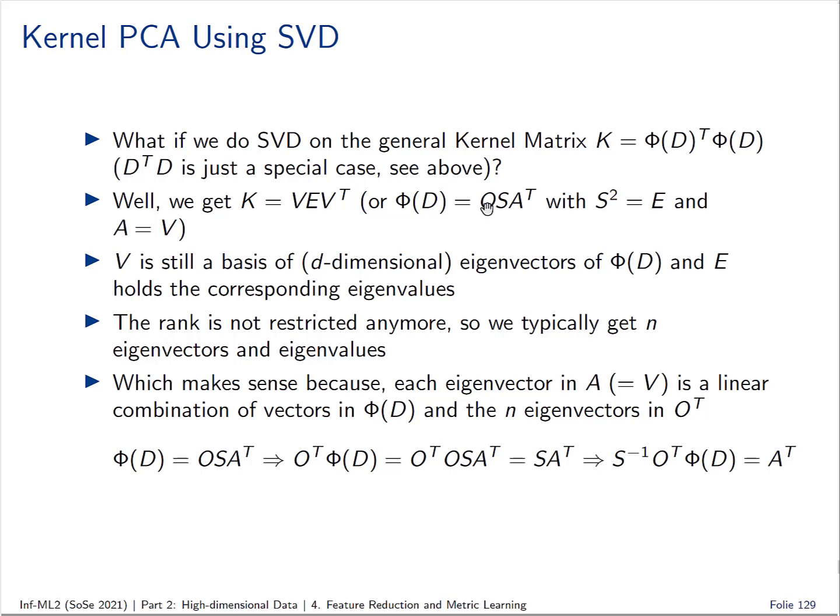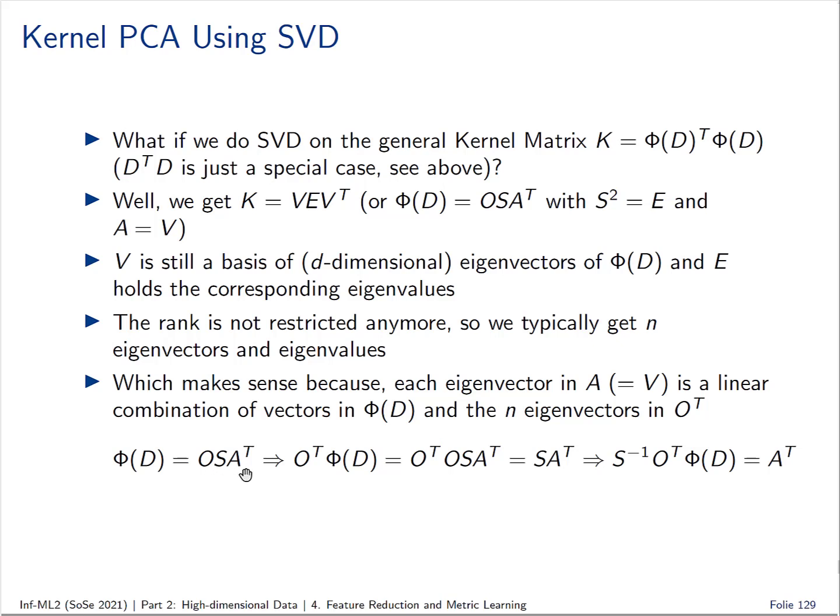How can we know that? We can formally prove that, because we have this decomposition of the mapped data space, phi of D, into these three matrices here.